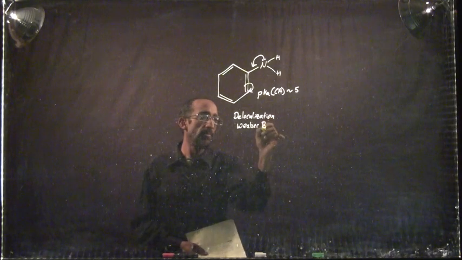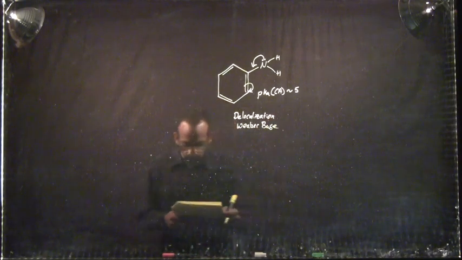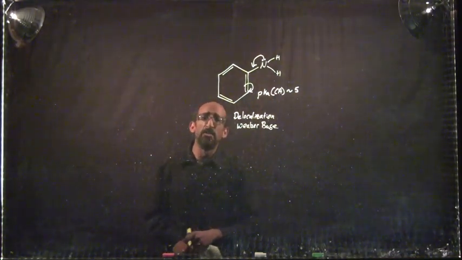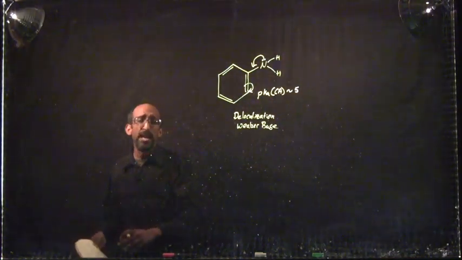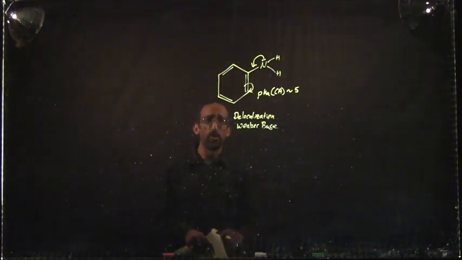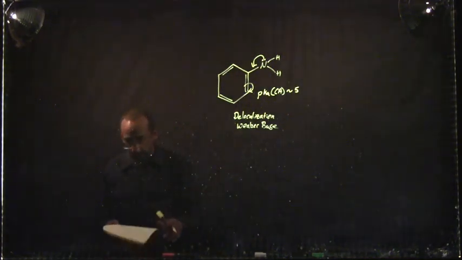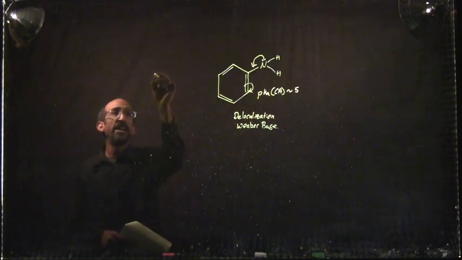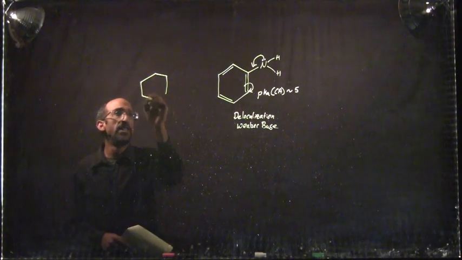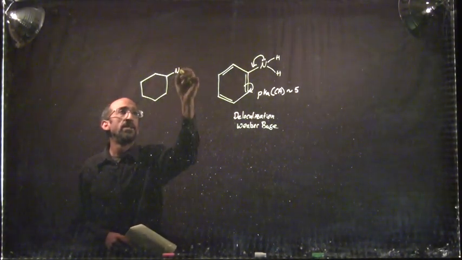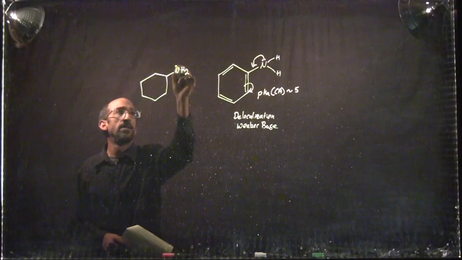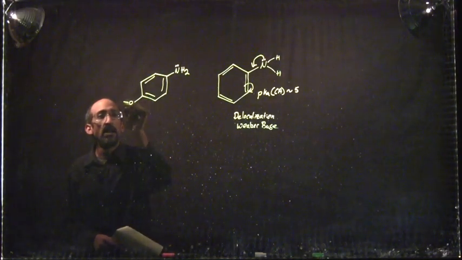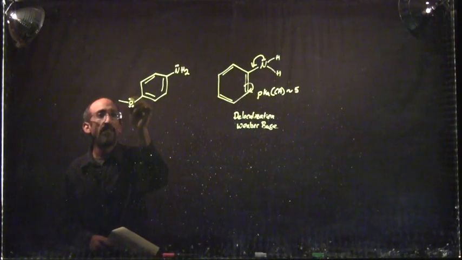Now, we can affect the pKa of our anilines by adding either electron donating or electron withdrawing substituents onto this aromatic ring. And so I'm going to give two examples here. We're going to take an aniline derivative and put a methoxy group off of the ring.